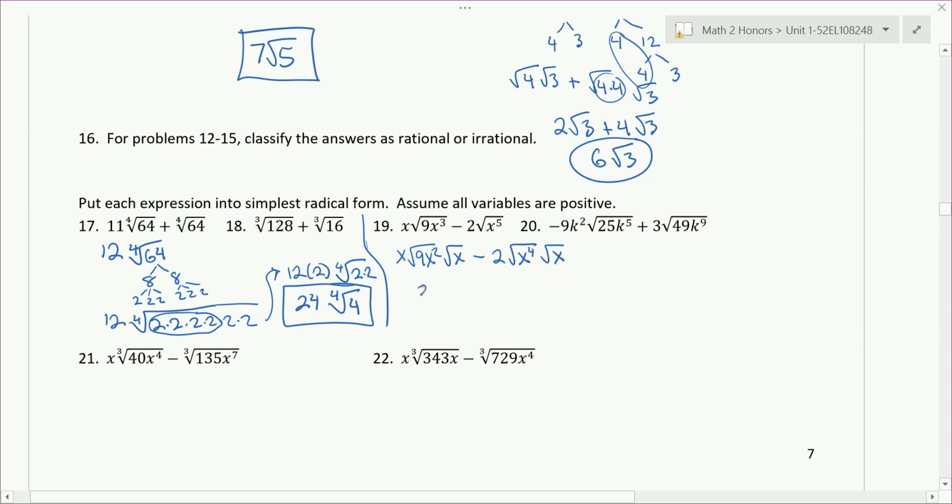So this gives us 3 times x squared root x, minus 2x squared root x. 3x squared minus 2x squared, well, 3 minus 2 is 1, and leave it x squared, so 1x squared root x is our answer.